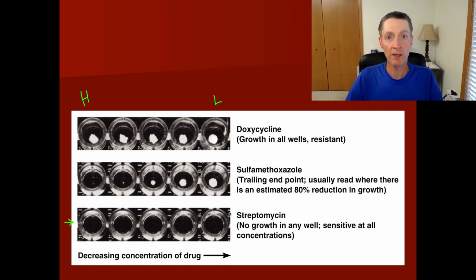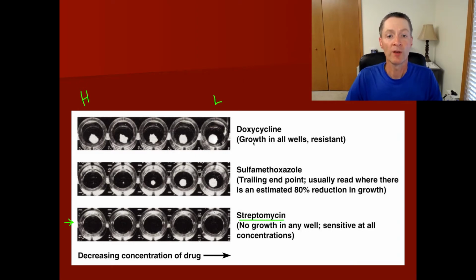And let's say this is 24 hours later, right? We inoculated the broth with E. coli, and we came back and we see pretty much nothing in any of these. Okay? So that's streptomycin, right? It has a certain amount of effectiveness.